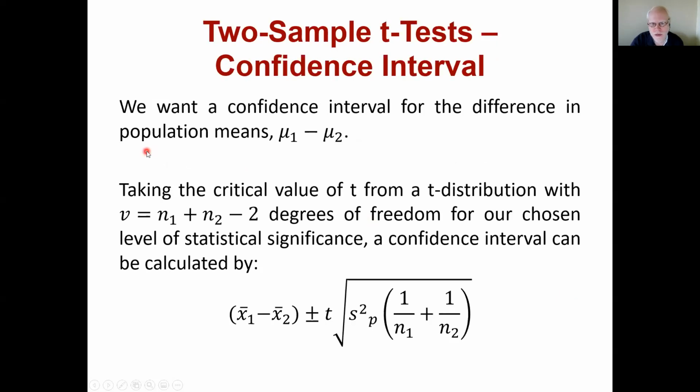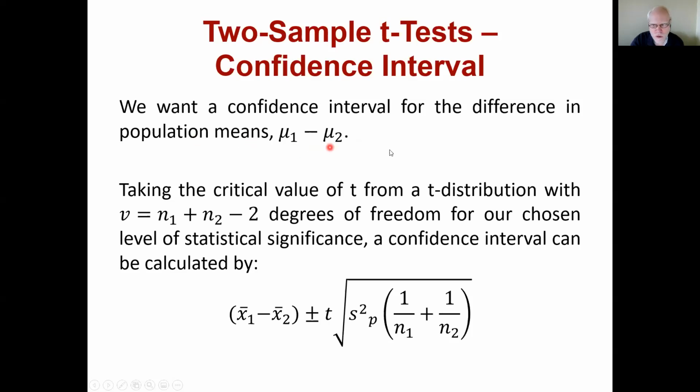We want a confidence interval for the difference in the population means, right? So that's what our confidence interval is here. Normally when we're doing our confidence interval, we are doing it for the population mean based on our sample statistic. But here what we want to be doing is seeing is there a difference between these two groups?